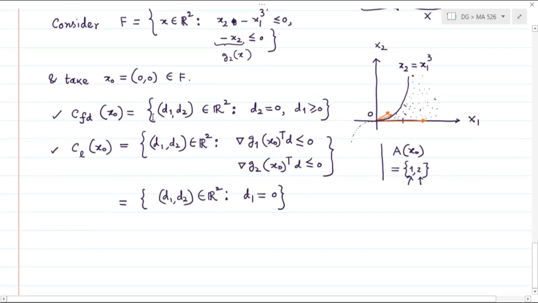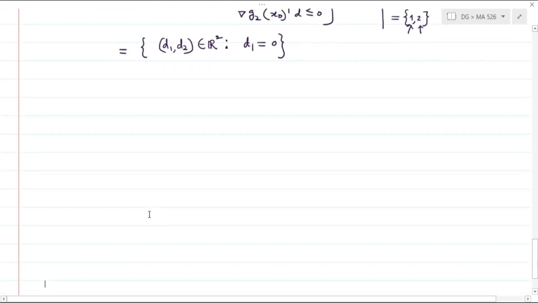Fine. With this, next let me define the idea of the cone of descent directions. Descent direction is related to the objective function, and we know the definition of that, so I am not repeating the meaning of a descent direction for a given function f. Let me directly define the cone of descent directions. The point x0 is not necessarily feasible, because descent direction has nothing to do with feasibility.